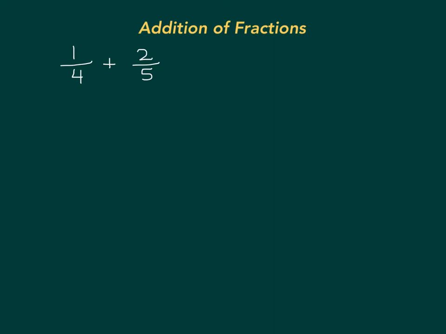The way we usually do it is by using the common denominator. So we look at the denominators and see, what's the lowest number that both of these multiply into.